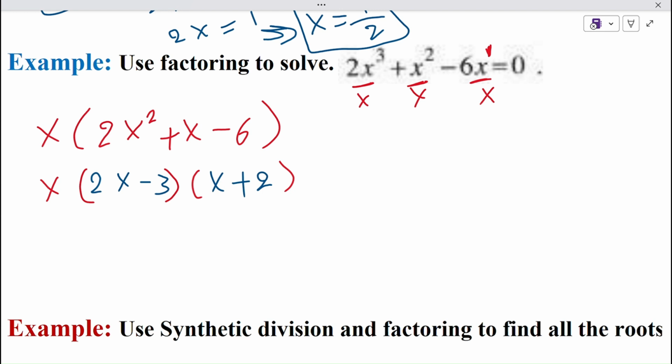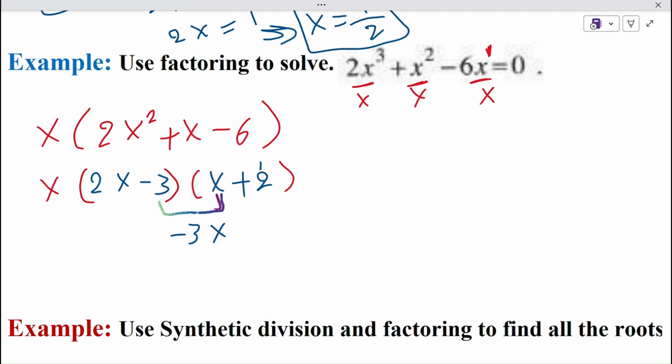Okay. I told you, if we have a number next to the highest power of our polynomial, you have to multiply close to close, far from far. Okay, here we have what? Minus 3x.